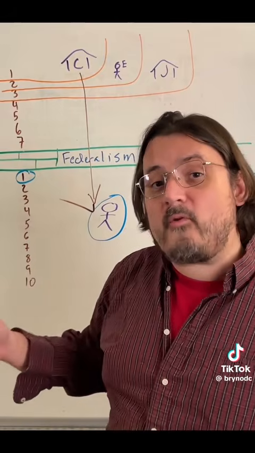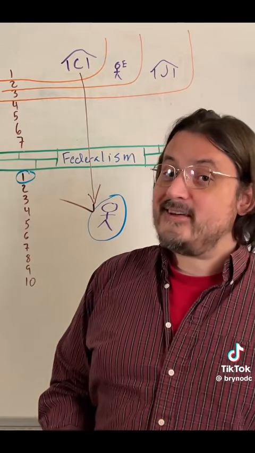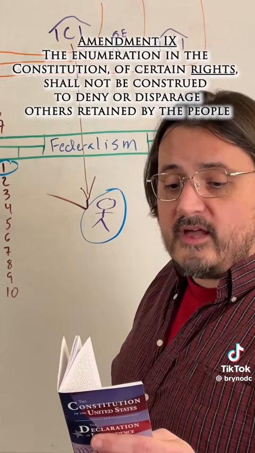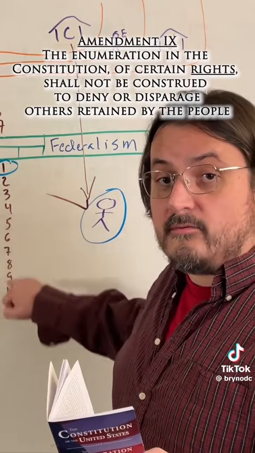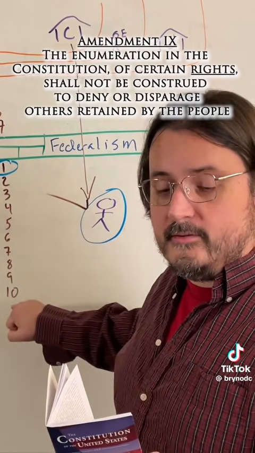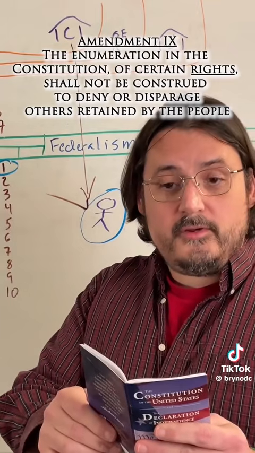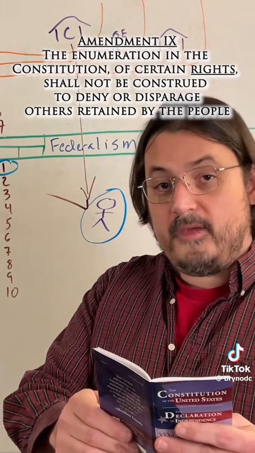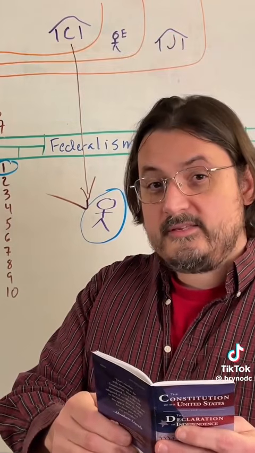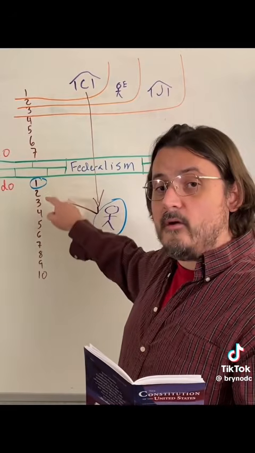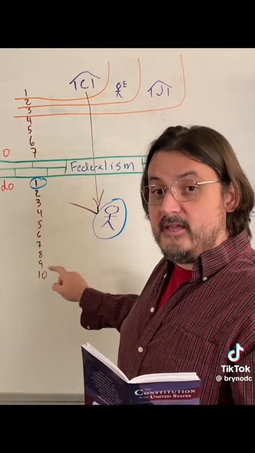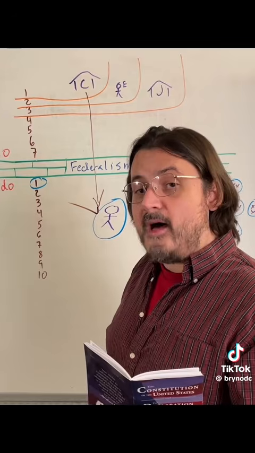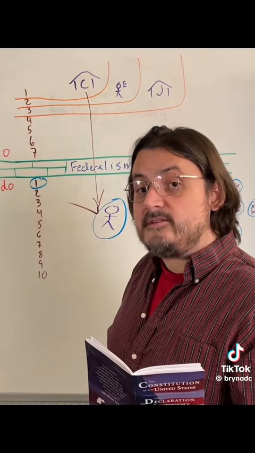So what about rights? Well, now it's time to talk about its cousin, the 9th Amendment. The 9th Amendment says, the enumeration in the Constitution of certain rights, right here, number 1 through 8, shall not be construed to deny or disparage others retained by the people. So what is this saying? The 9th Amendment says, okay, we have 8 rights listed in the Constitution, but the fact that there are only 8 listed does not mean that there are only 8 constitutional rights.